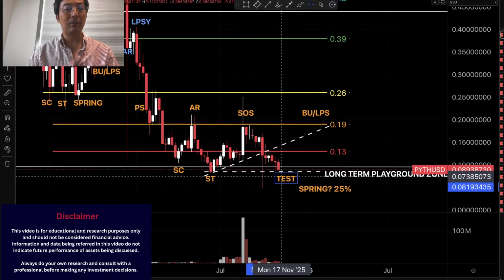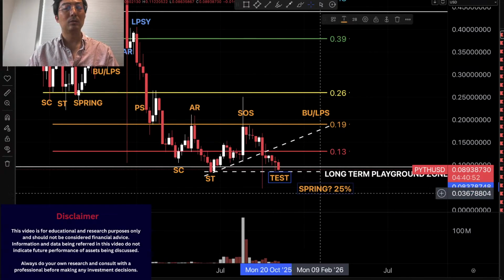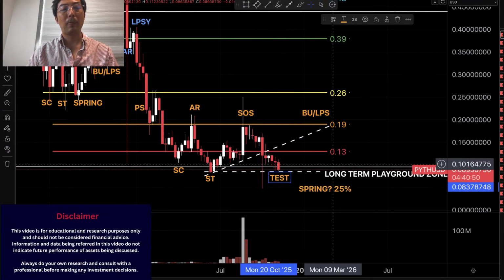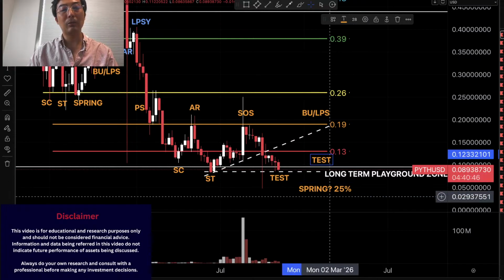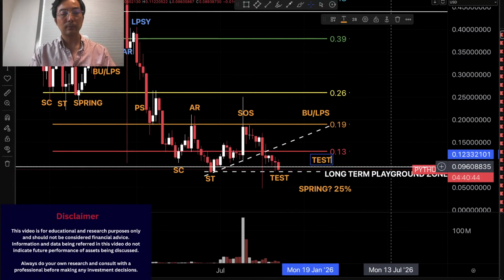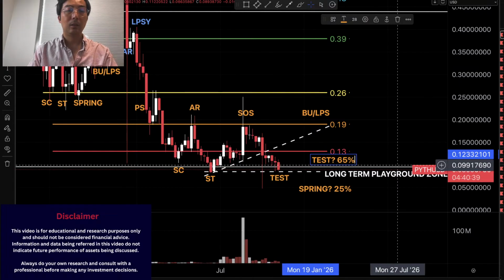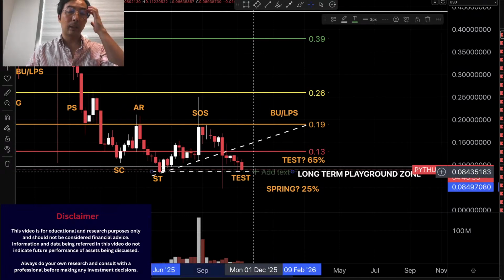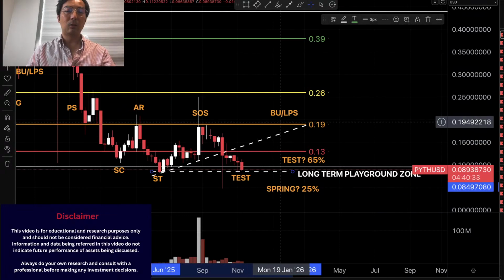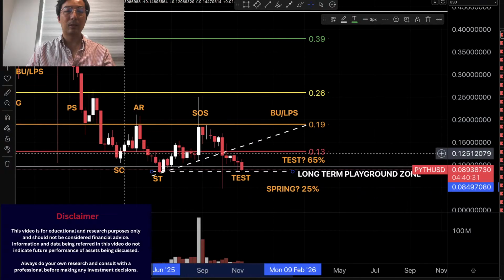This test is definite already. There's no percentage for this one, but there can be subsequent tests. Even if it doesn't go down, there's still a higher likelihood for the price to trade sideways between this white dashed line and the orange line, just like what happened since May.